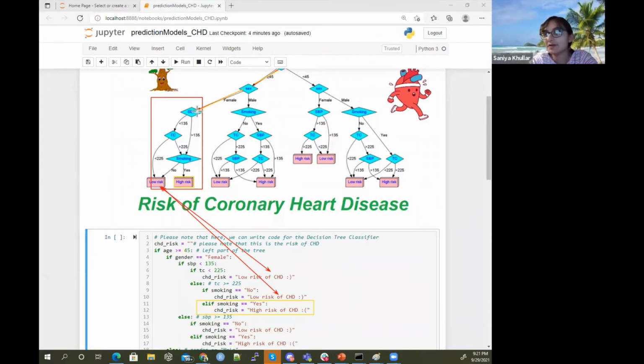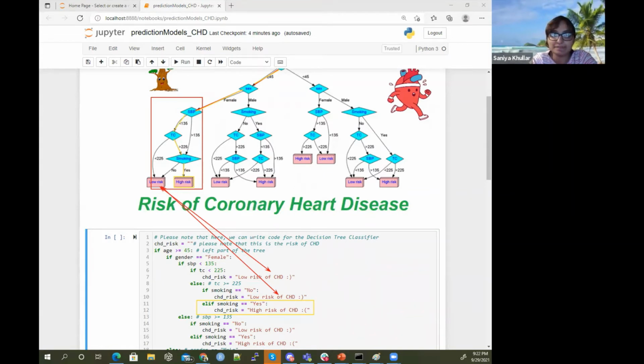Then it's coming from your systolic blood pressure being less than 135, your total cholesterol level being high, and your smoking. That's what this is represented. This is representing coming from here, here, here, here, here, high risk, high risk.